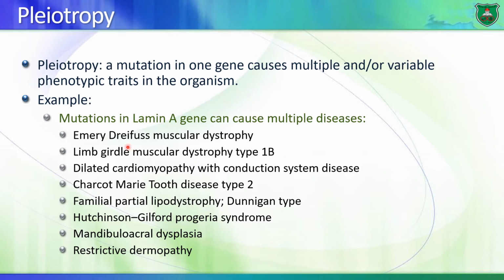An individual might have Emery-Dreifuss muscular dystrophy, or Charcot-Marie-Tooth disease, or progeria syndrome, and so on, depending on where the mutation is located. So you have an affected gene, but it can cause different disorders. Why this variability exists, no one knows so far for a lot of diseases.